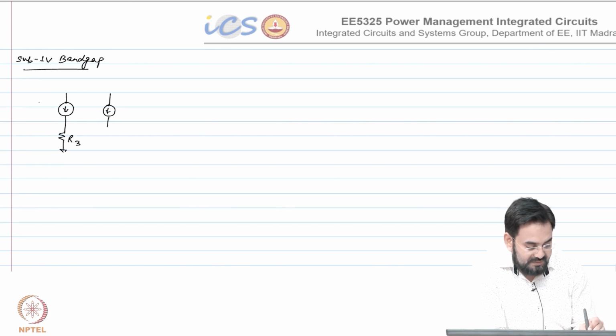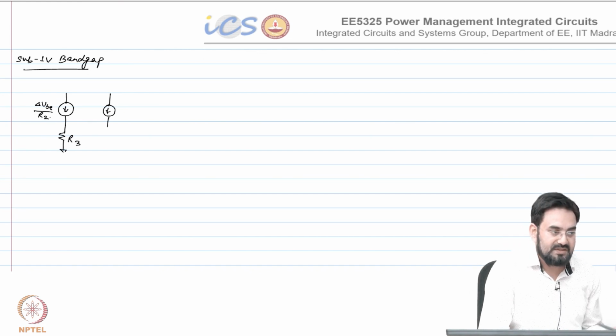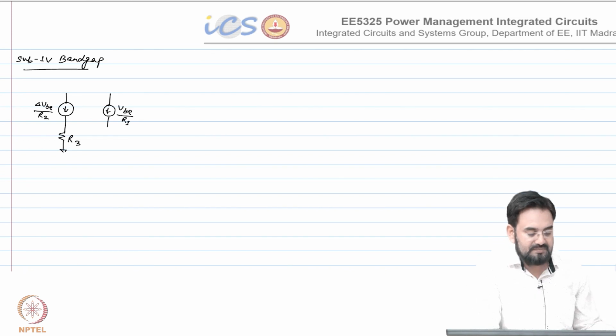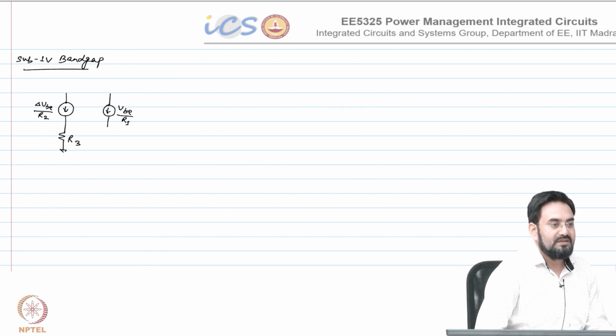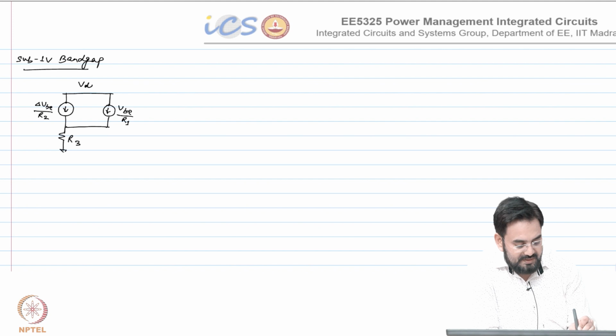If you remember, this current was delta VB by R2 in standard band gap. Now, we need to have another current source which becomes VB by R1. Now, add them up together, this is your VDD. So, what will be this voltage?